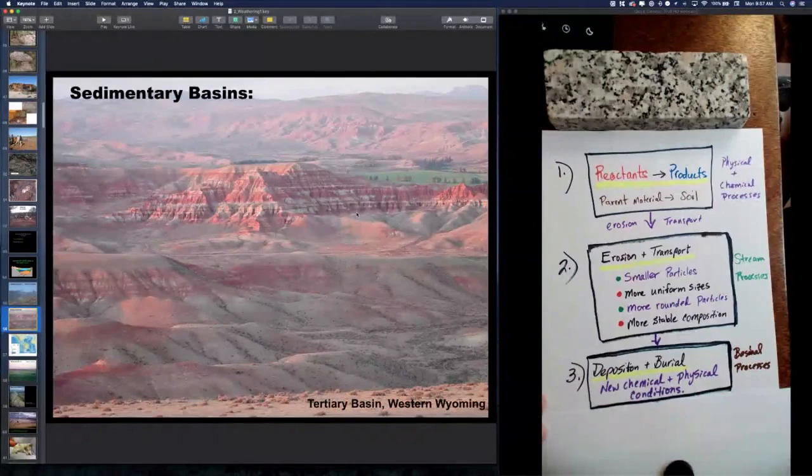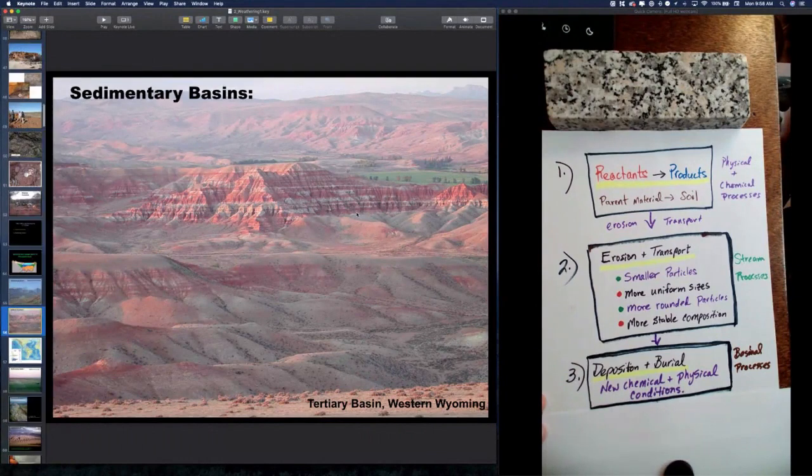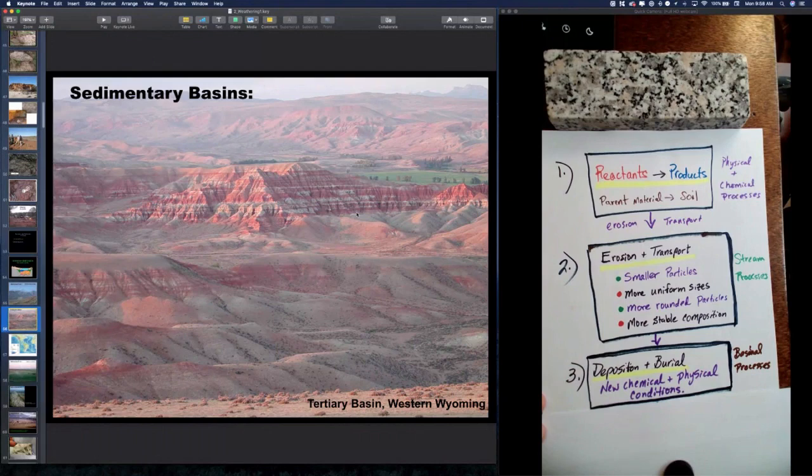It starts to become salty, and it's reflecting interaction with the rocks themselves. So the water is changing chemistry, and you've increased the pressure, and now the temperature is going up. So you have new chemical and physical conditions.